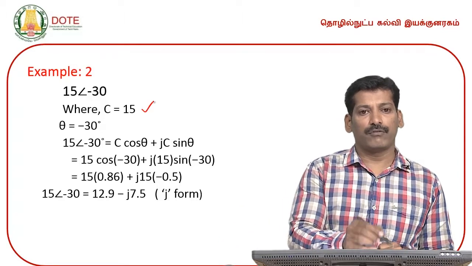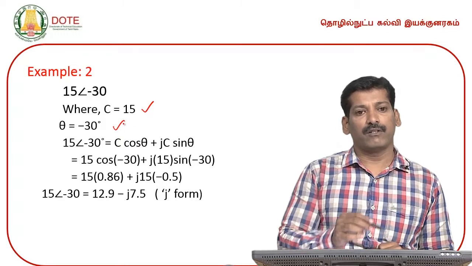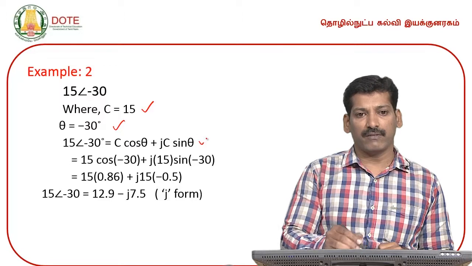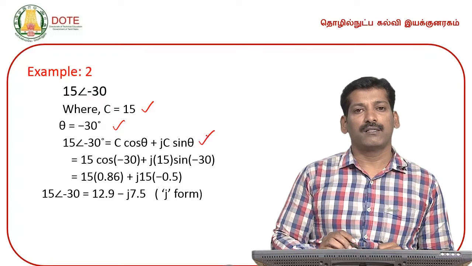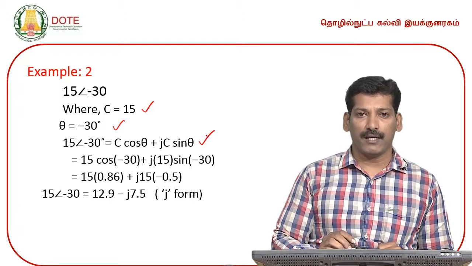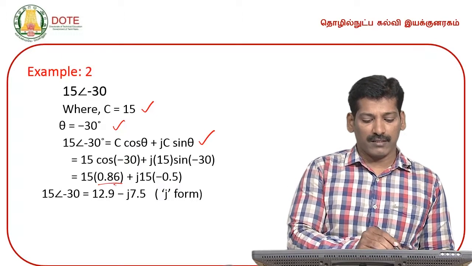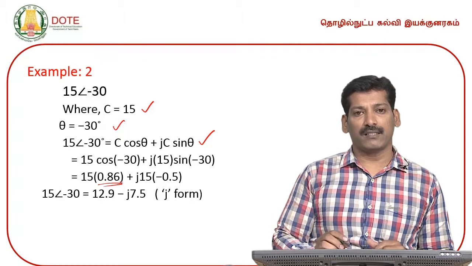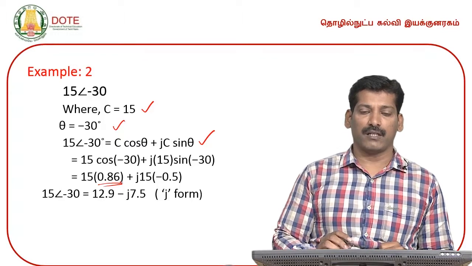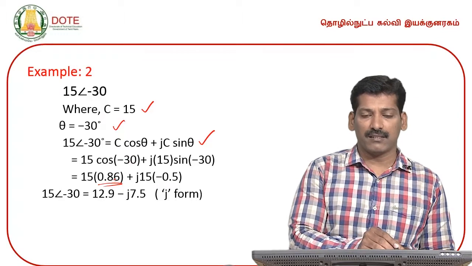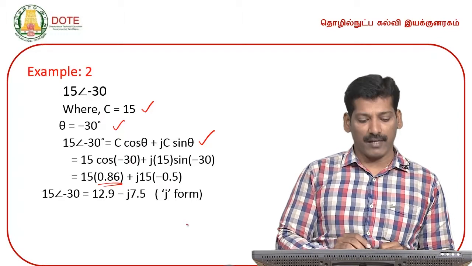Now let us see what the result could be. Here C is equal to 15 and theta is equal to minus 30. So, 15 angle minus 30, applying the same expression C cos theta plus j C sin theta, we have 0.86 for cos of minus 30, because cos of minus theta is cos theta. So, cos of minus 30 is cos 30, which is 0.86.